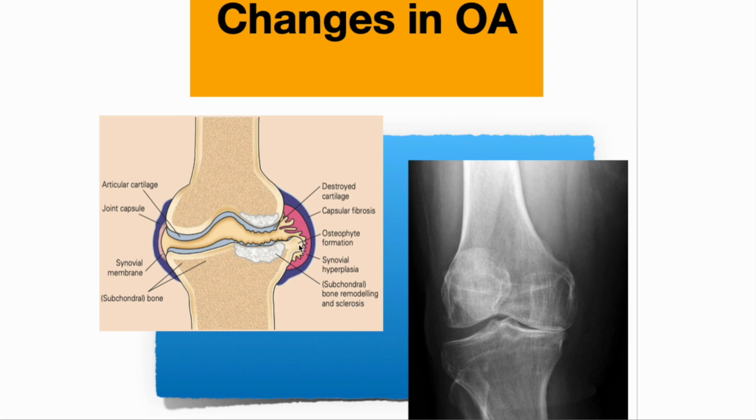Then we can also see osteophyte or bony spur formation, but it is not happening in the area of injury but in the adjacent outside part of the bone.